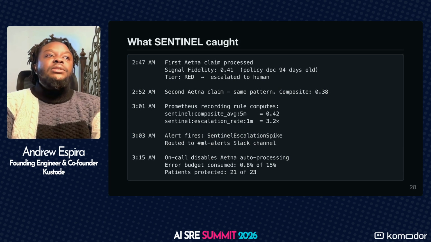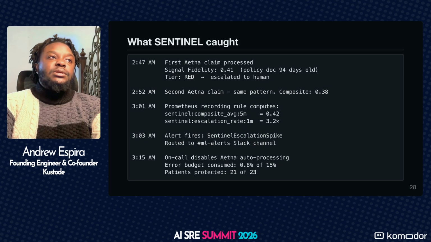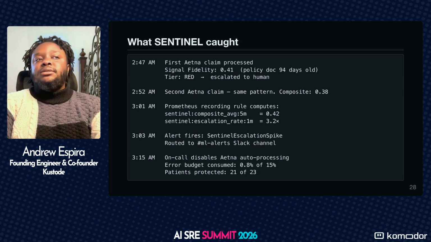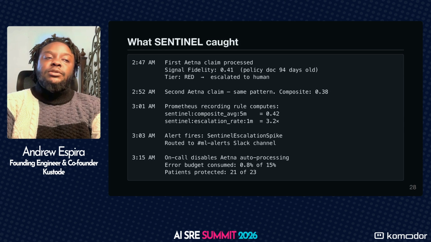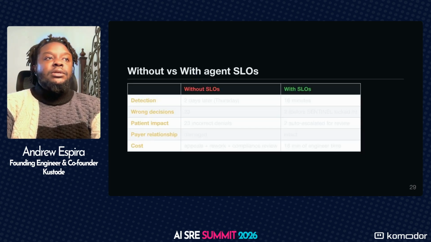So what Sentinel did was the flow: a claim is being processed, it sees the same pattern, it looks at the periodic historical data, and in Prometheus the metrics were seen and the alert was fired. Then we disabled auto processing for the claims, and the error budget and the patient data were protected.